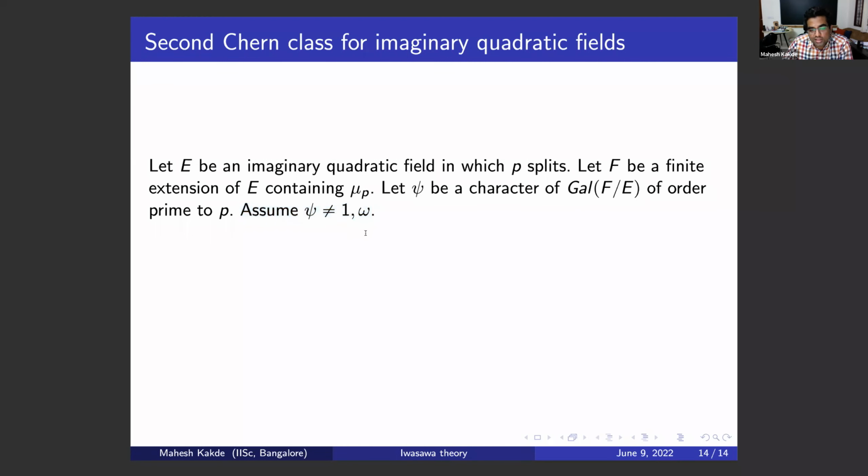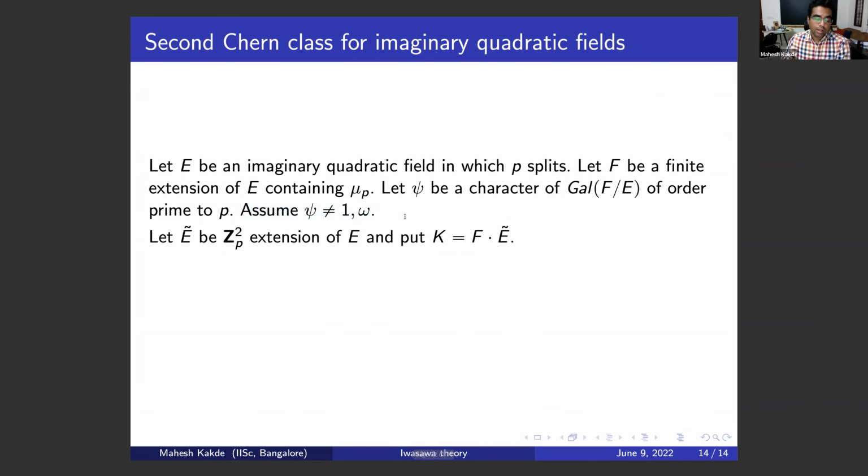But this is like Iwasawa theory in its early days. So hopefully there will be generalizations of this without the hypothesis. And for simplicity, I also assume that ψ is not the trivial character or the Teichmüller character.